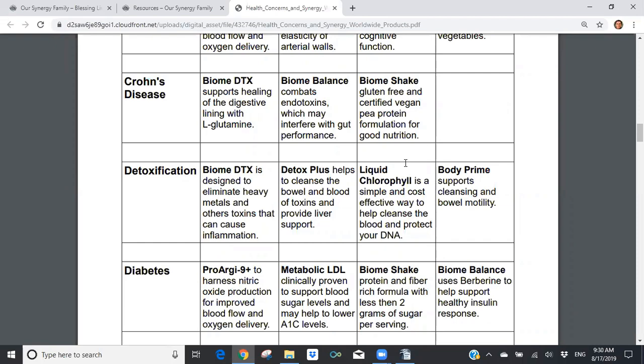And then the fiber that's in there is also great in terms of helping to make sure that they don't have a spike in their blood sugar. So the Biome Shake would be a great product for a person to use from a meal standpoint. And then the Biome Balance, because of the berberine, again, has been clinically shown to support healthy insulin response. So those are 4 great products that you could help a person who has diabetes.